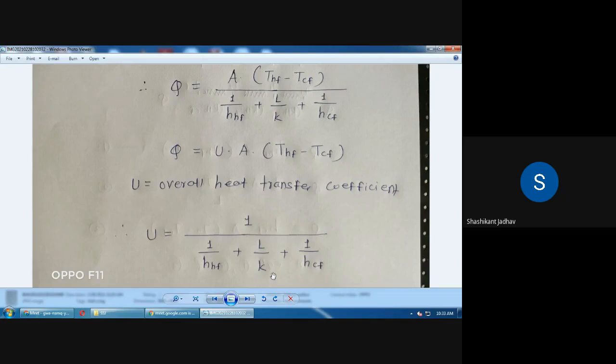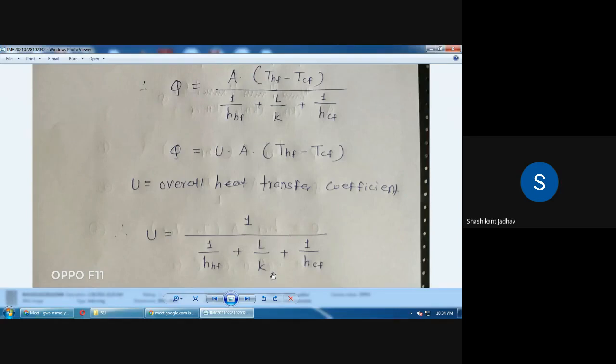Okay, now so many derivations we have derived. First, we derived the heat conduction through the plane wall. Then we derived the equation for heat conduction through the composite wall. After that we saw one concept, thermal diffusivity, and after that we derived the equation for the overall heat transfer coefficient.